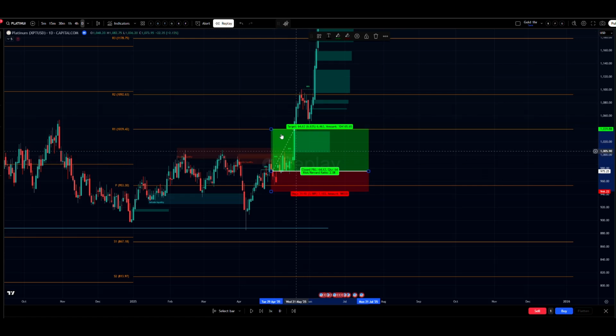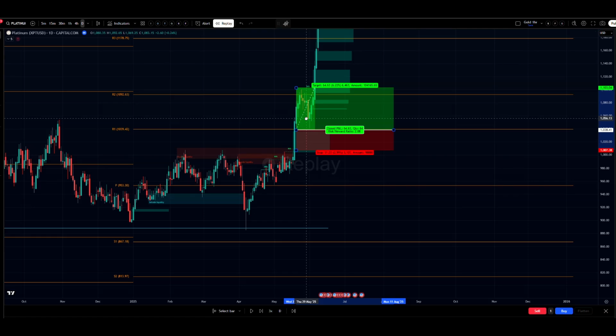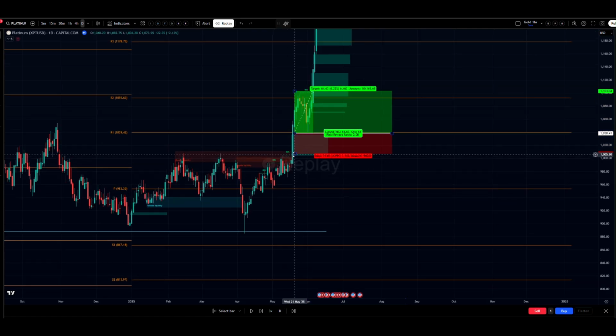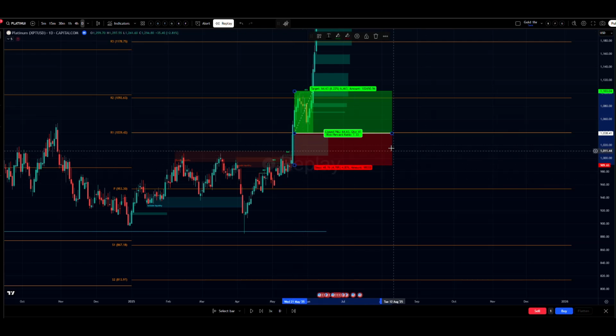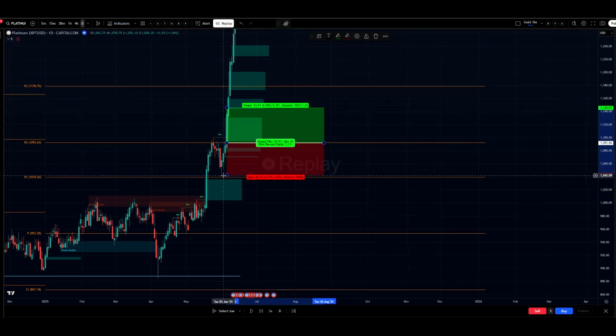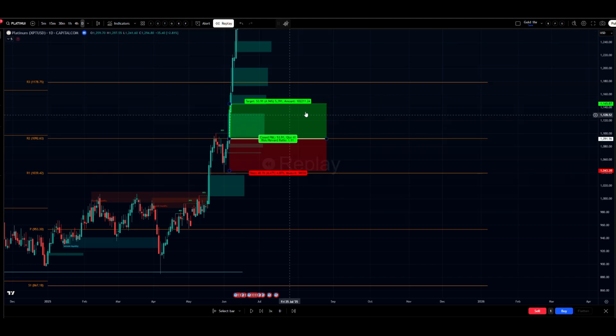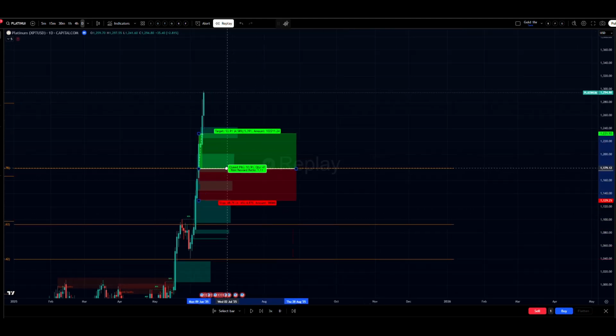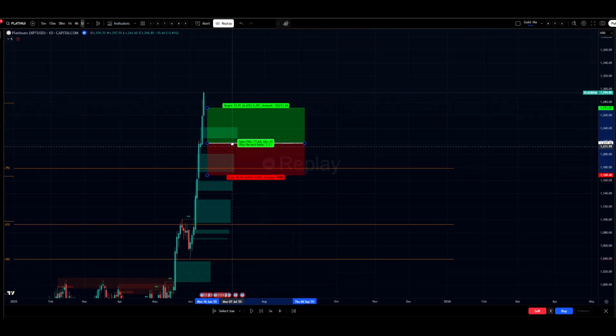When this triggers, we can move our SL to maybe below this breakout candle, potentially locking in gains and targeting the next level. And when that level is triggered, we can potentially do the same and keep doing the same, keeping the gains locked.